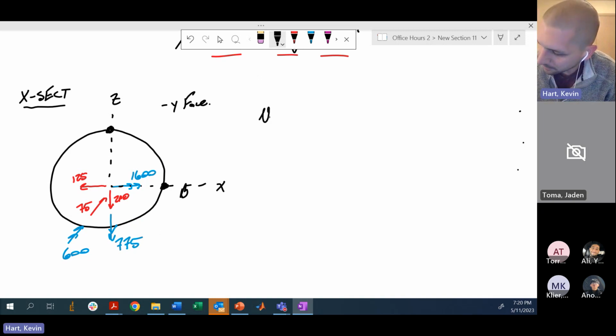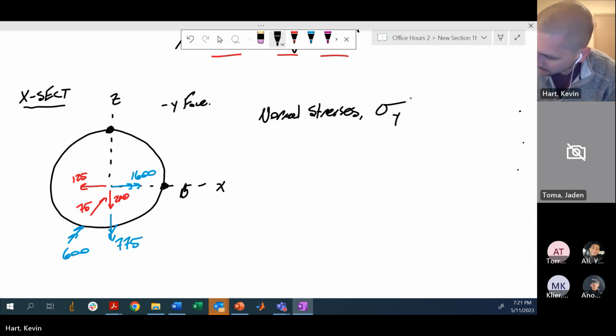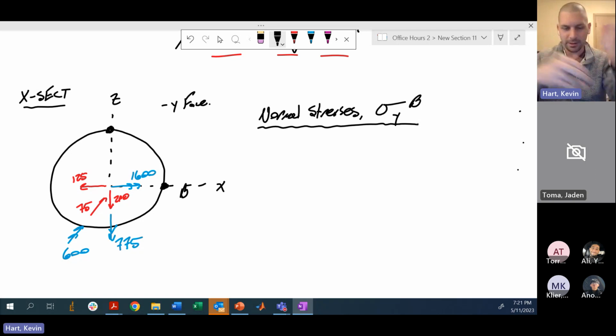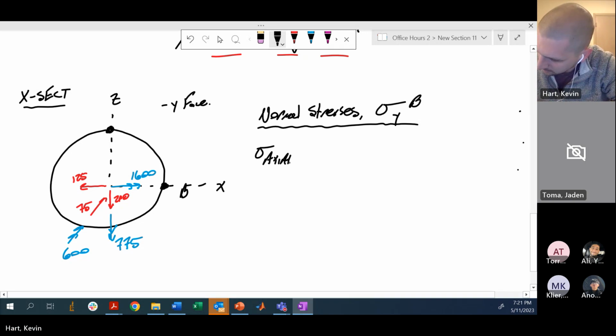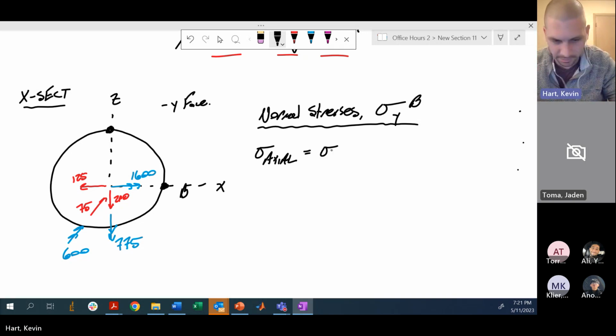Start with the normal stress, which in this case is sigma y at point B. All right, we know normal stresses can come from axial loads and bending loads.